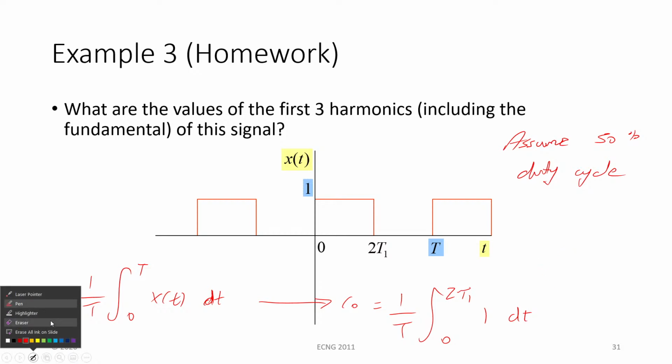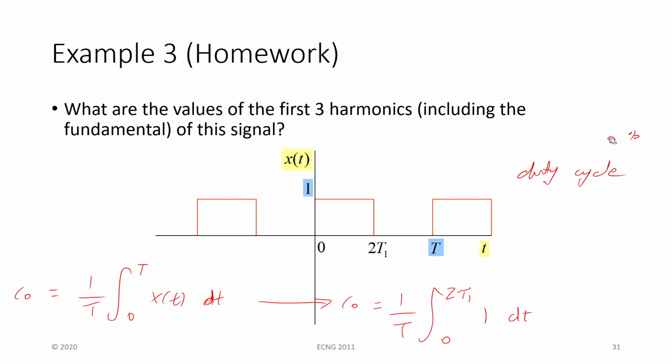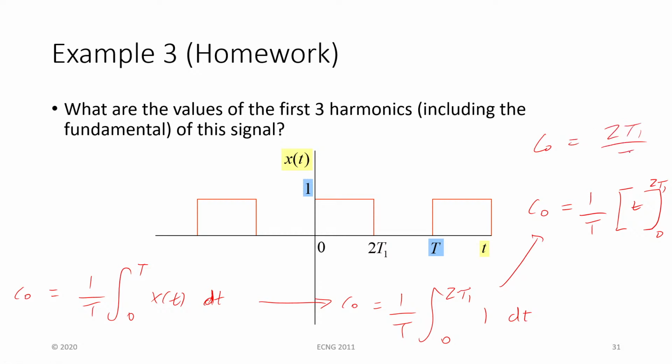I'm going to make some space here because I need space on the slide to solve this for you. So this will go such that it will be C0 equals 1 on T, and this will be t in between 2t1 and 0. So C0 here will end up being equal to just 2t1 on T.